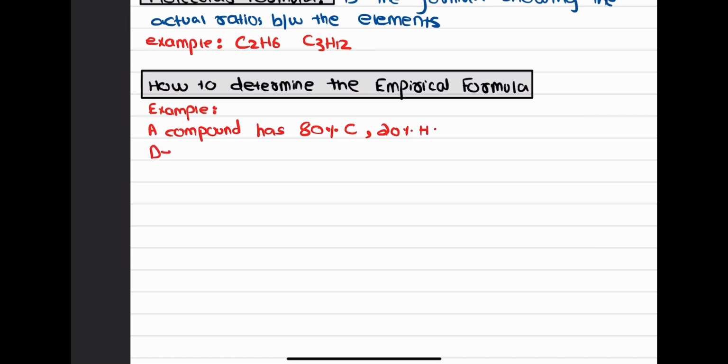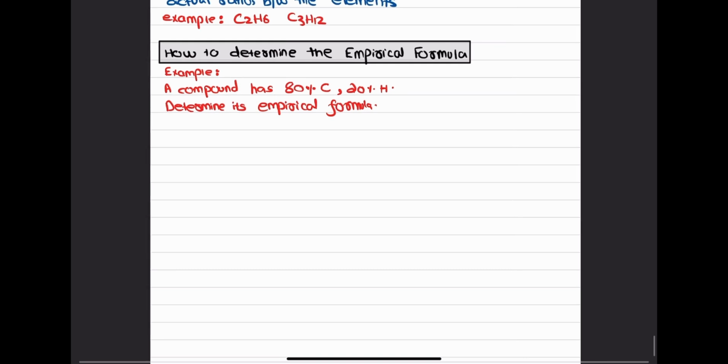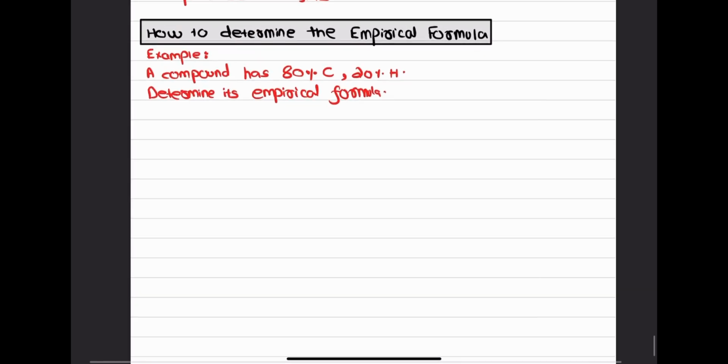Now, determine its empirical formula. Okay, so how do you determine the empirical formula?